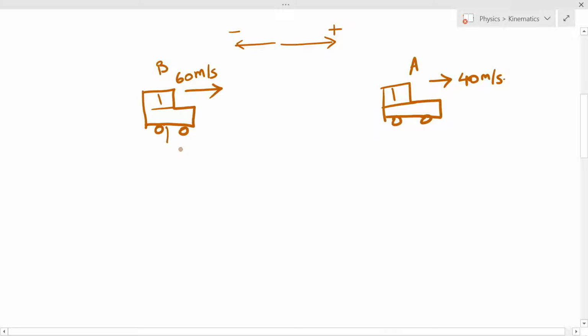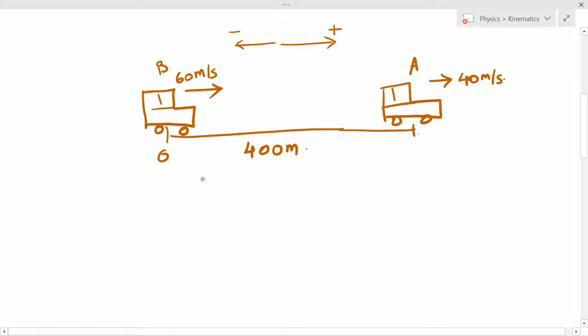And let's say at a certain instant of time, car B is at the origin, and at that instant car A is, suppose, 400 meter away from car B. Now calculate the distance traveled by car B to catch car A, and also the time instant at which car B will catch car A. Obviously car B will catch car A because its velocity's magnitude is greater than that of car A.